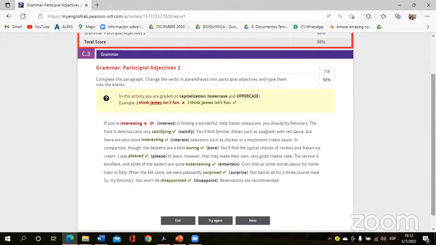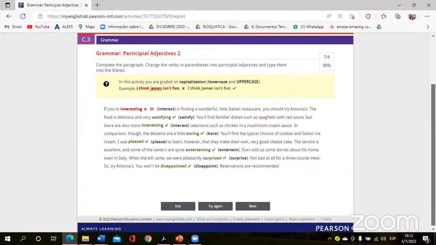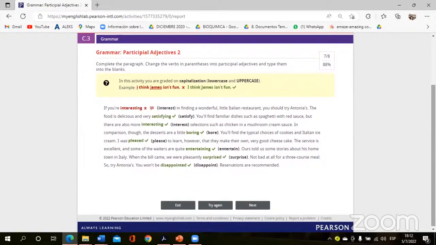Okay, so just one mistake. And this is interesting because we're talking about if you are interested in finding something wonderful. Recordemos que el ing is more for as always, ¿no?